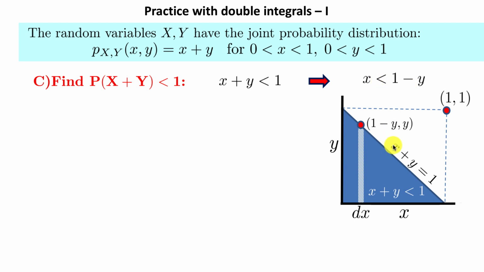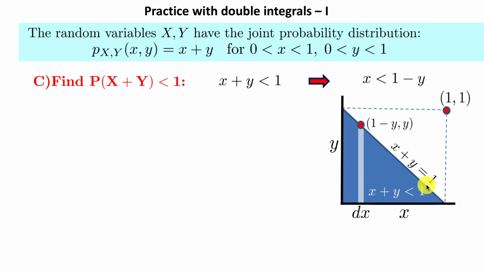If one takes x plus y equal to 1, or you can write y is equal to 1 minus x, or x is equal to 1 minus y, well, that is this line over here.